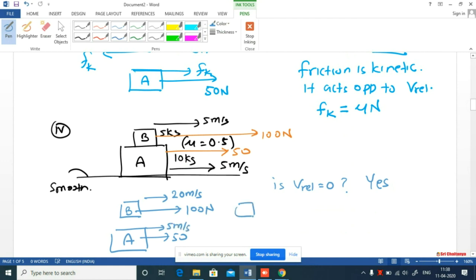You can see that a BA, right? So the acceleration of B is going to be in forward direction with respect to A, 15 meter per second squared. So here you have to be careful that these are not actual accelerations. These are just the imagined accelerations if we assume friction to be absent.